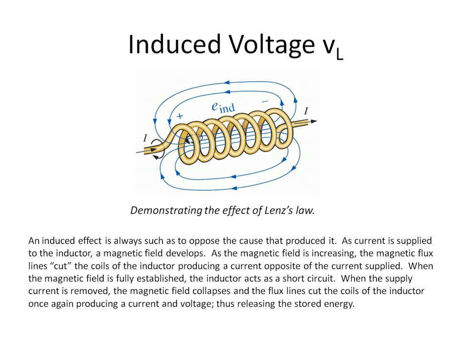When the magnetic field is fully established, the inductor acts as a short. When the supply current is removed, the magnetic field collapses and the flux lines cut the coils of the inductor, once again producing a current and a voltage, thus releasing the stored energy.